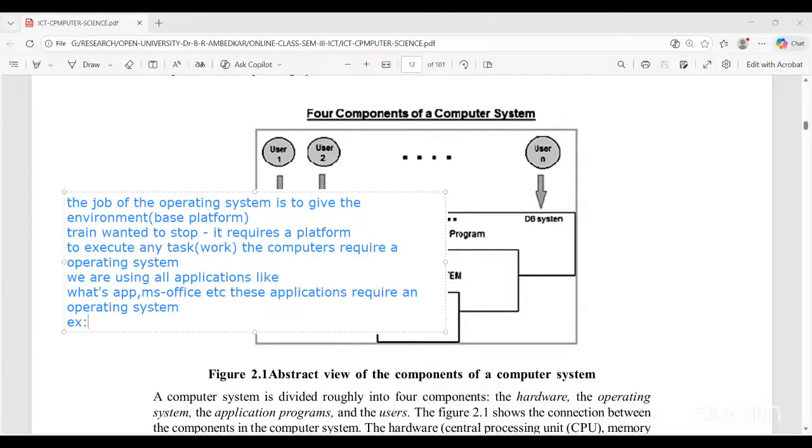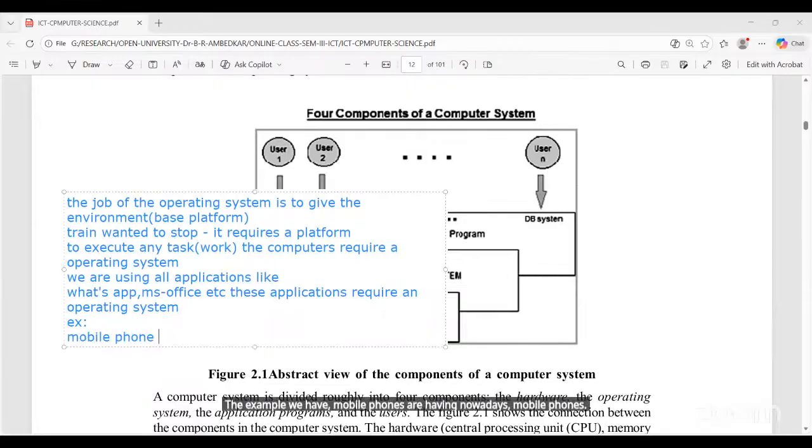For example, mobile phones nowadays have the Android operating system, also Windows, also iOS. Similarly, our computers also have operating systems.